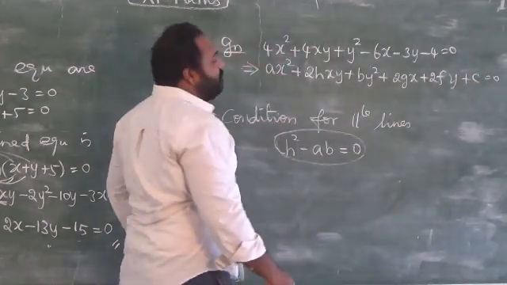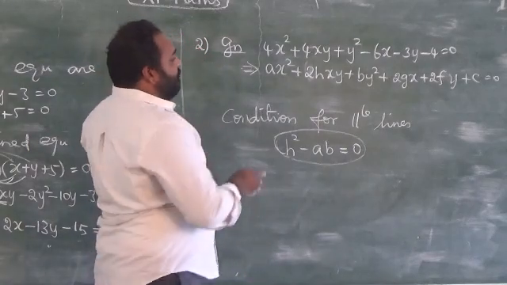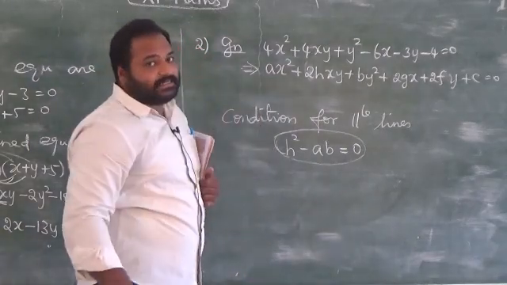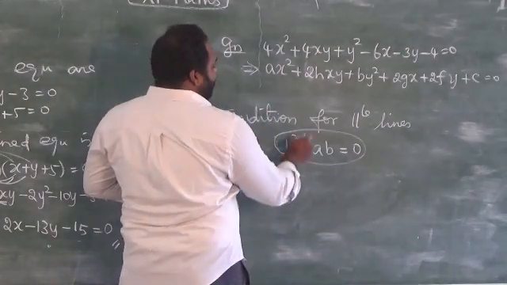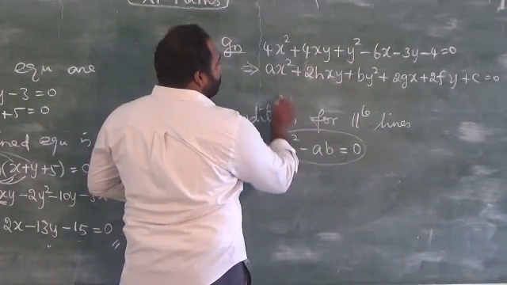This is the general form of a pair of straight lines. Here we have to find the h value, a value and b value.